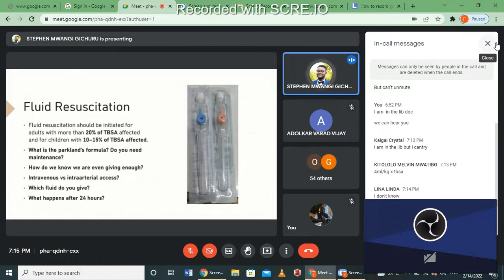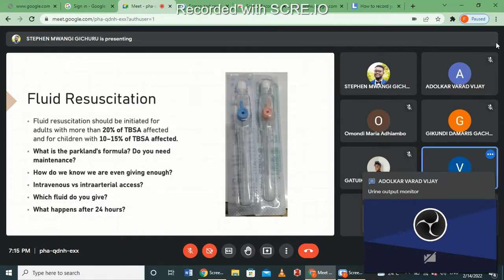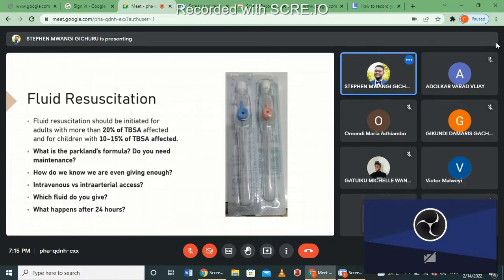I check the vitals. If the vitals are stabilizing, I'm doing well. If there are no signs of shock, and no signs of dehydration as well.